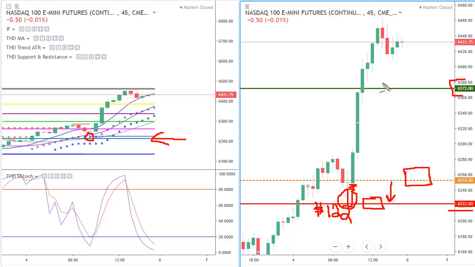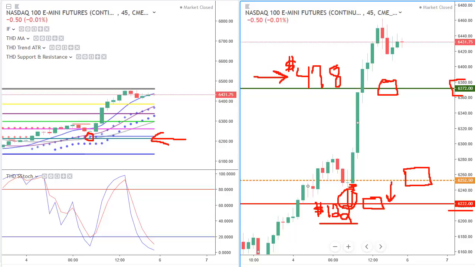Now, if it reaches up and touches the ceiling of the bracket order, then I would have made $478. That gives you your risk of 122, the reward of $478.